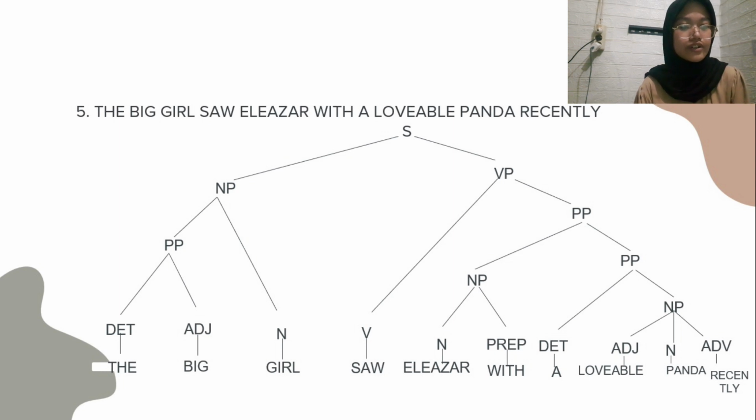The verb phrase is divided into two: saw as verb, and a phrase divided into two: noun phrase and prepositional phrase. The noun phrase is divided into two: Eliza is noun, with as preposition. And the prepositional phrase is divided into two: a as determiner, and noun phrase divided into three: lovable as adjective, panda as noun, and recently as adverb.